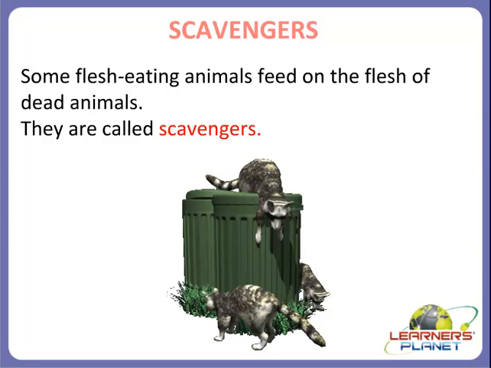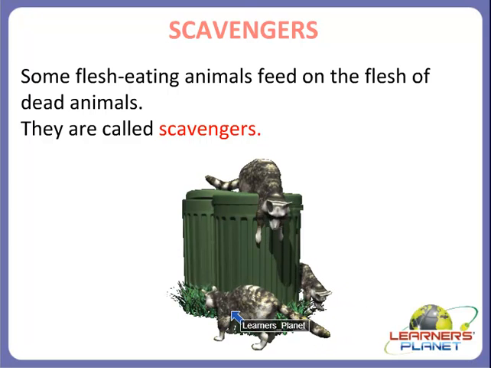Yes, some flesh-eating animals feed on the flesh of dead animals. Right? So these are some flesh-eating animals that feed on the flesh of other dead animals, and they are called scavengers. So this is the picture of raccoons.